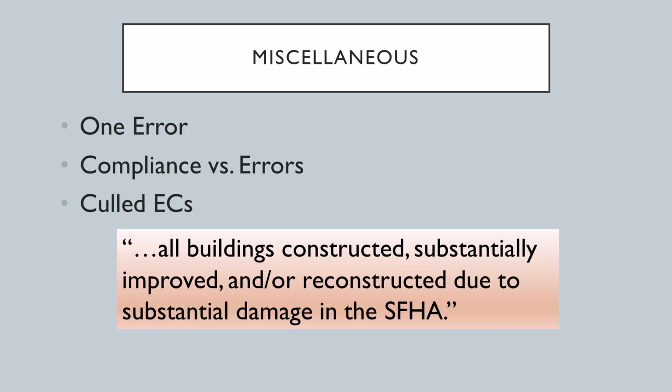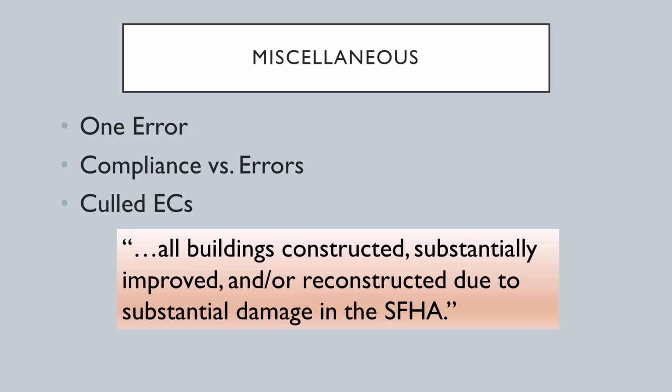Another example are non-substantial improvements, which may be noted in your permit list or on the EC itself. These are improvements of less than 50% of the value of the structure. All of these examples are not counted as wrong. They are just removed from consideration, or culled.